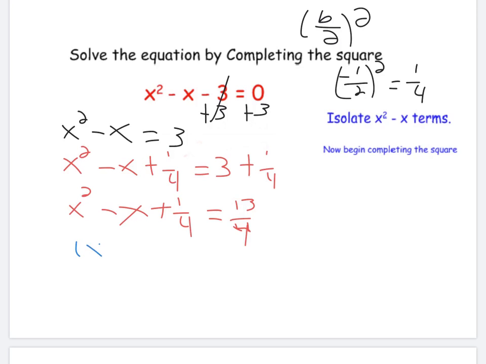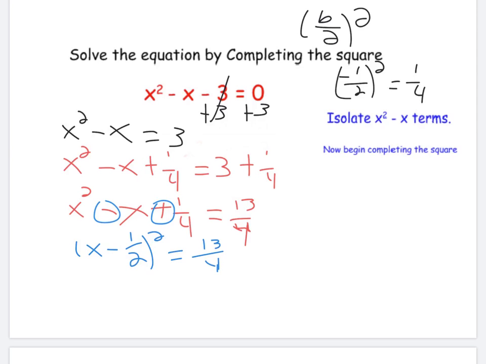So I would have x minus, because this tells me that both signs are the same, they're both minus, and it's minus what I squared, so I squared 1/2 to get the 1/4, so it would be x minus 1/2 squared, and then that's equal to 13/4.